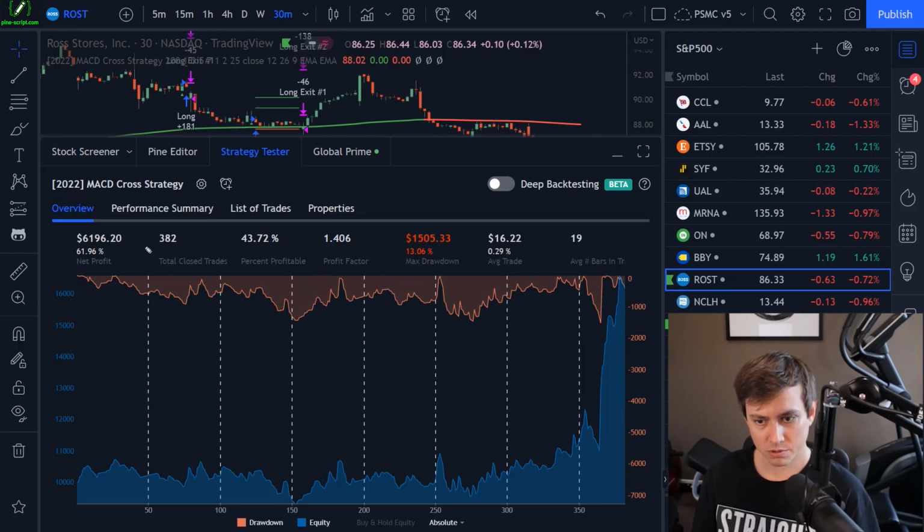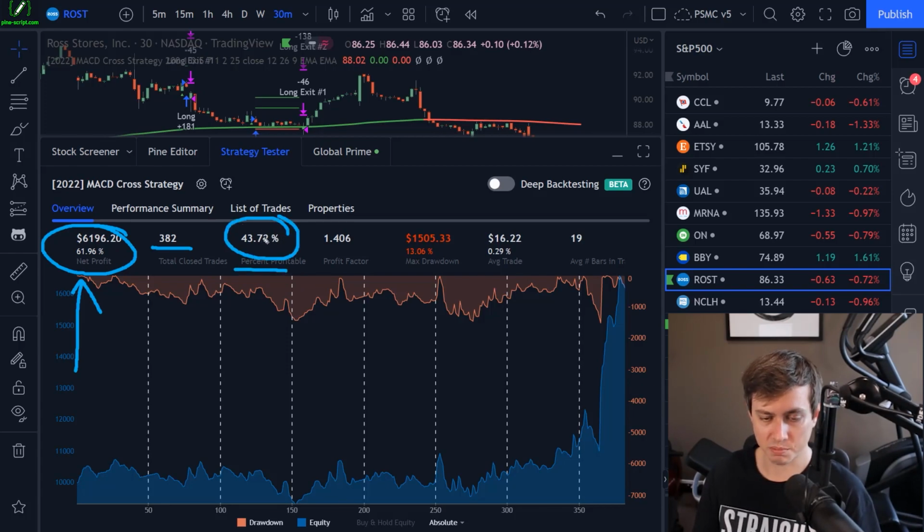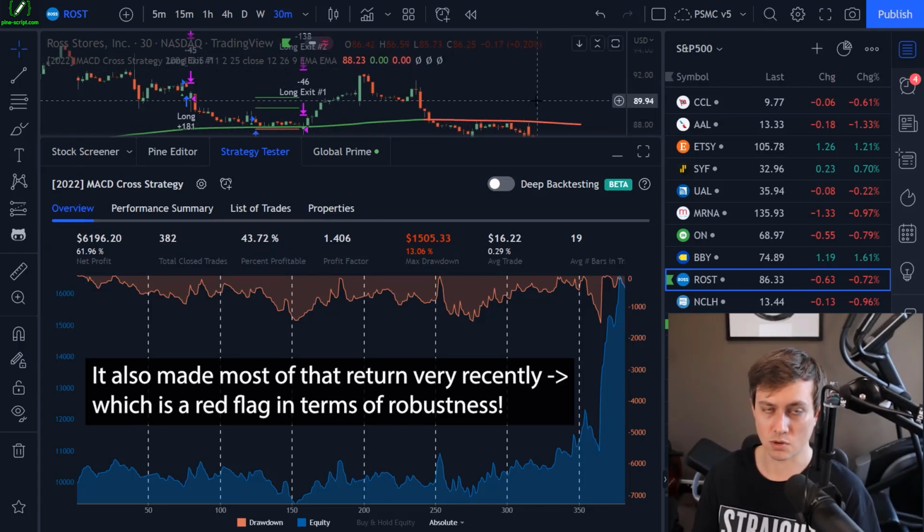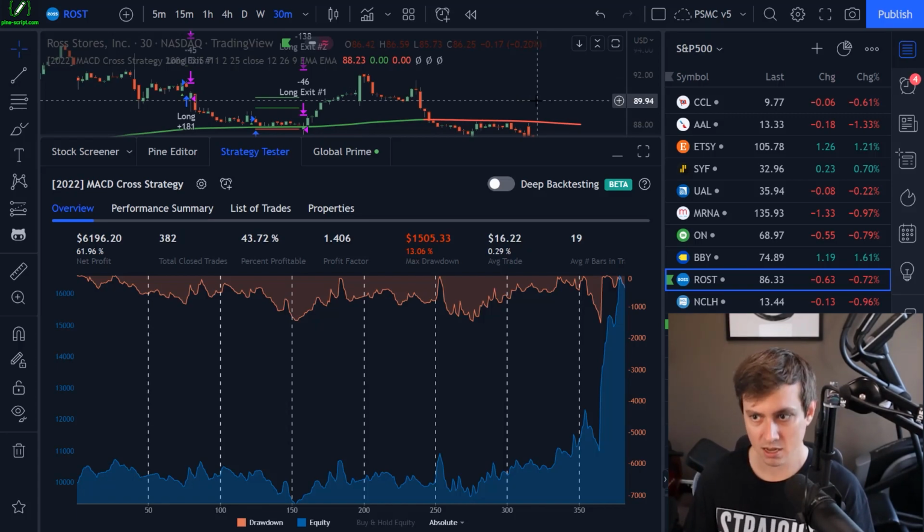ROST was quite profitable. Here we go, 61% return over 382 trades with an approximately 43% win rate. So 43% of trades closed for a profit, and a 13% max drawdown. Pretty solid. I would not expect that to continue into the future since it's a single market, and single markets tend to change their behavior over time quite significantly.